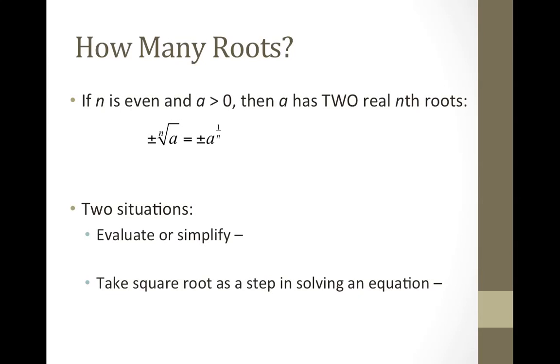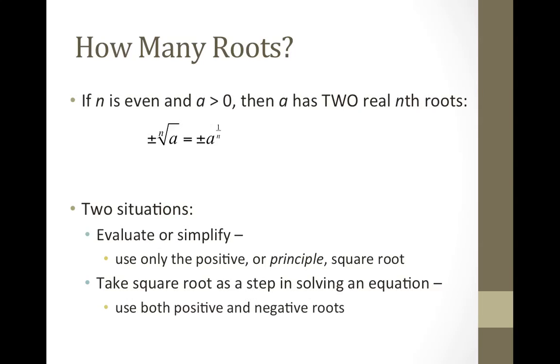And the other situation is if we're actually taking a square root or a fourth root or some even root as a step in solving an equation. So when we just want to evaluate or simplify, we're really only interested in the positive, or what's called the principal, square root. But when we're taking the root on both sides as part of solving an equation, then we want to know both the positive and the negative roots because both are possible solutions. So that's the difference between when we just use one root and when we use both.